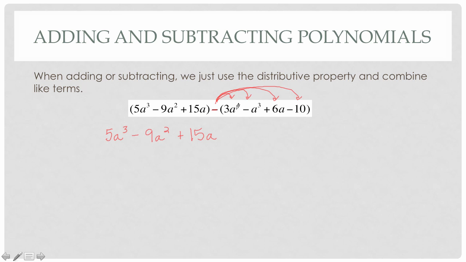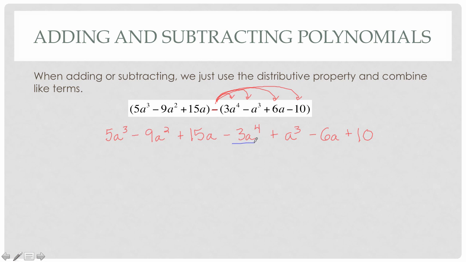Instead of positive 3a to the 4th, it's minus 3a to the 4th. I'm subtracting that. I have a minus a to the 3rd, but I'm distributing the negative, so it turns into plus a to the 3rd. It's the opposite. Minus 6a, and then plus 10. So everything inside the second polynomial gets the opposite sign in front of it when you're subtracting. Now we can combine like terms again.